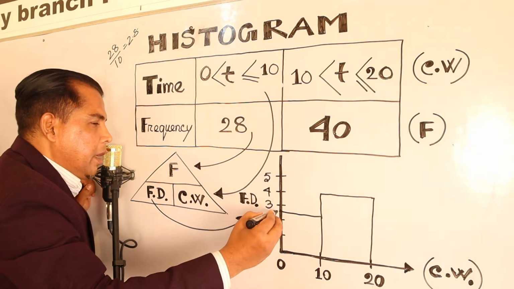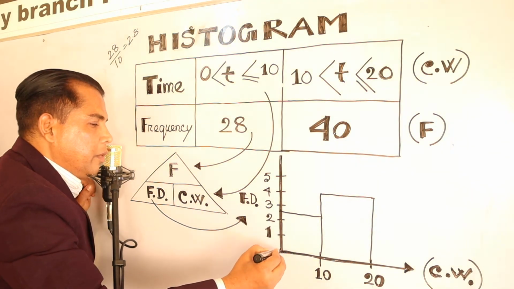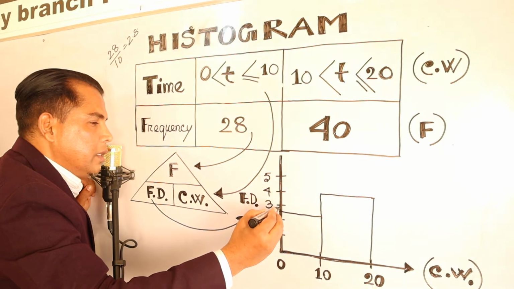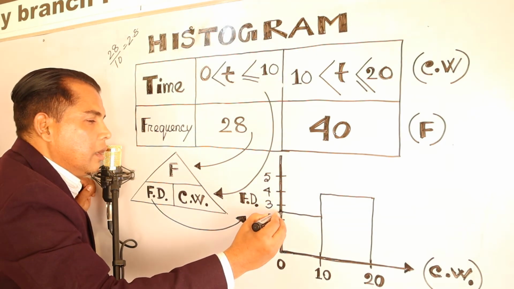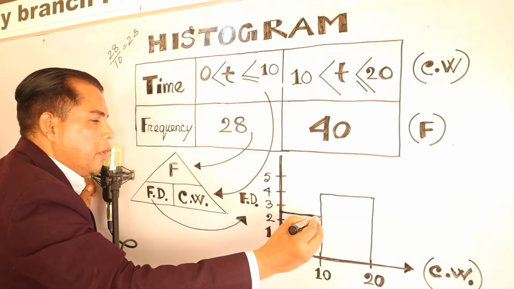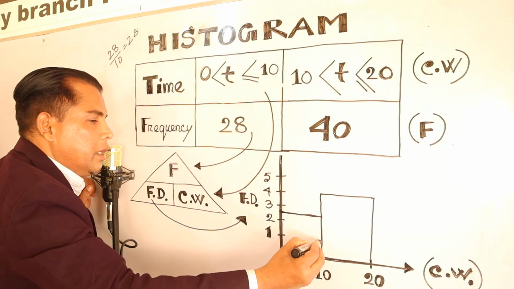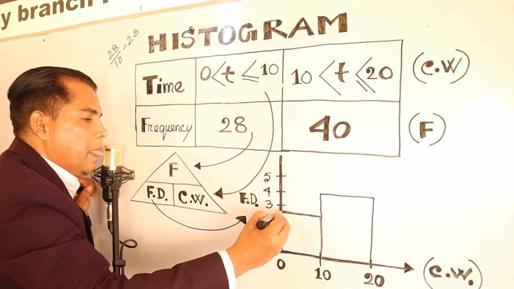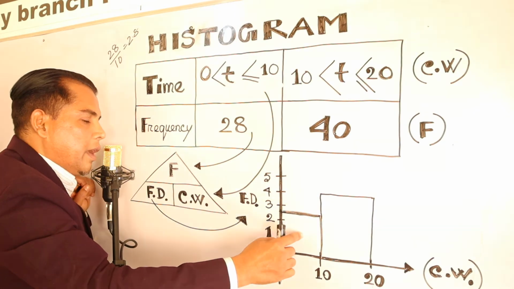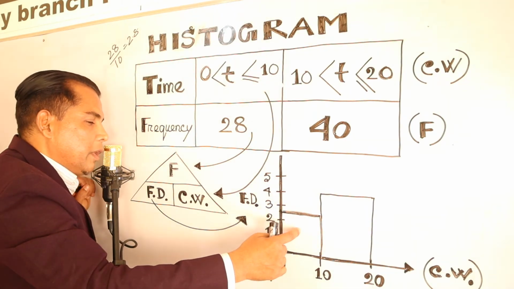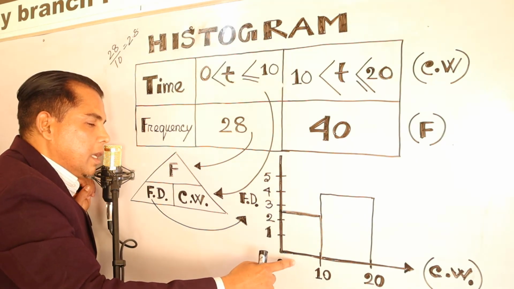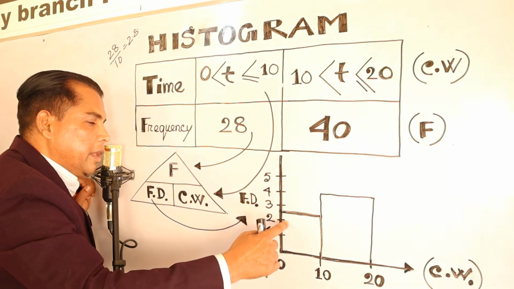So from here you are watching 2.8, this is 1, this is 2 and this is 2.8, right? So these have to be drawn. And now this is the histogram. And in this histogram you are watching, this is the class width and this is the frequency density.